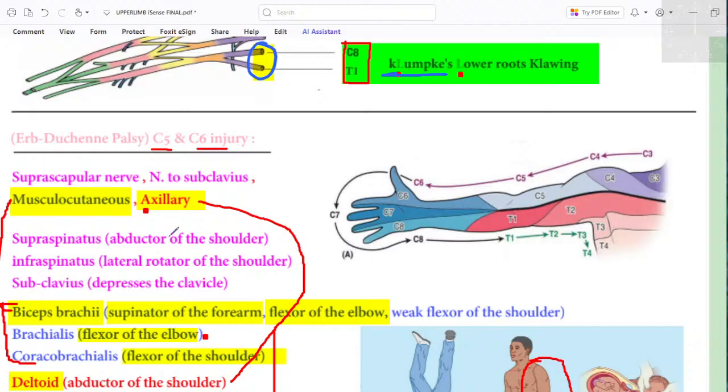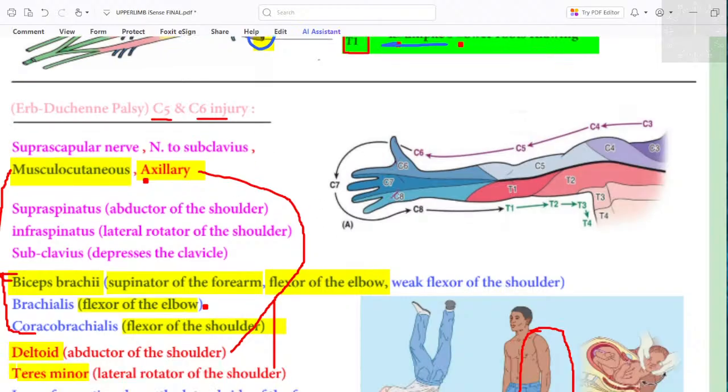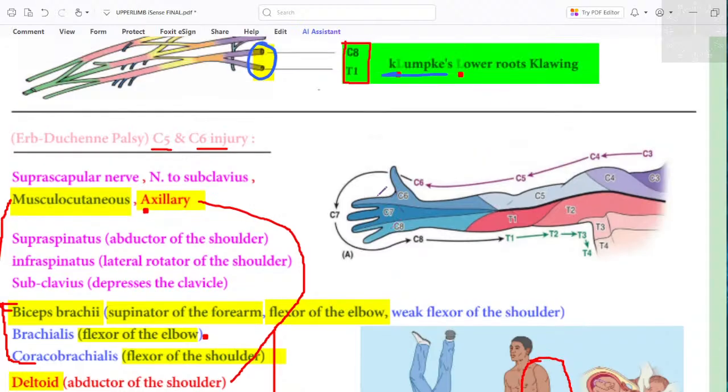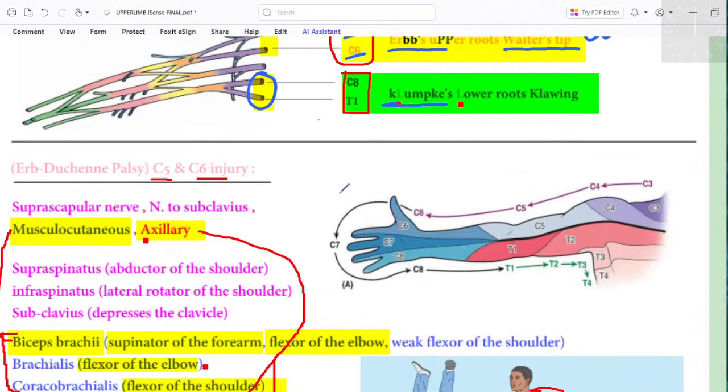Now see the cutaneous distribution of the upper limb. Just imagine our neck region: it is C3. The badge area or shoulder area is C4.